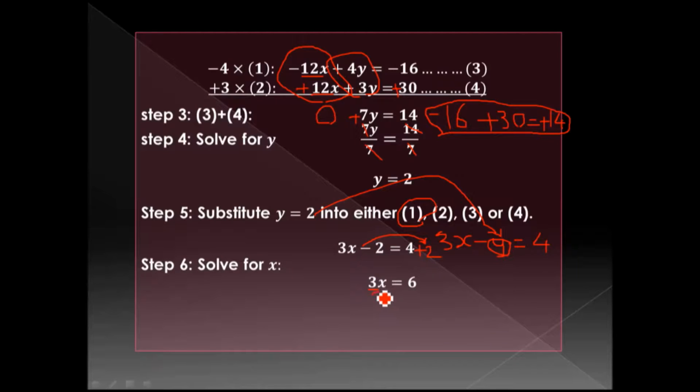We then divide out the coefficient of x into both the left-hand side and the right-hand side, so that x becomes equivalent to 2.